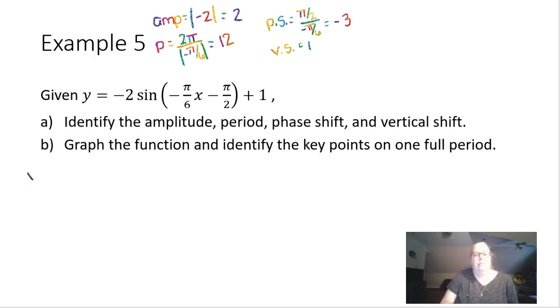All right. We're going to come down here, and we are going to choose our angles. And then once I've got my angles, I'm going to multiply them by negative pi over 6. And then once I've done that, I'm going to subtract pi over 2. And then once I've done that, I'm going to take the sine of that column. So sine of negative pi over 6x minus pi over 2. And then I'm going to multiply that times negative 2.